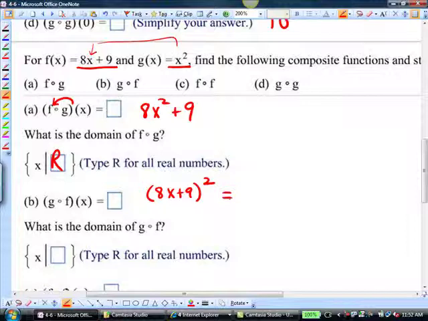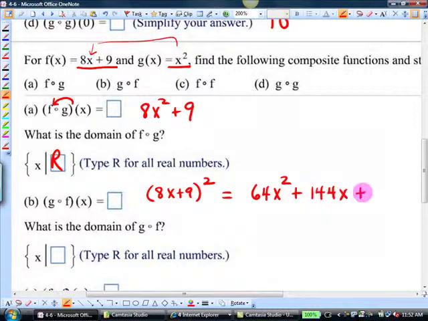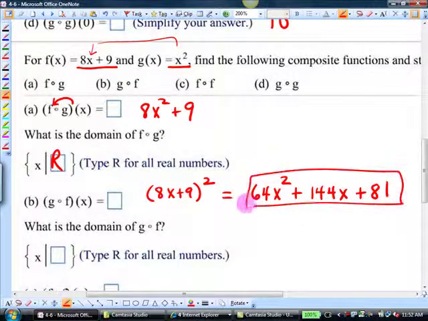That's FOIL. 64x squared plus 144x plus 81. So that's what they're going to want on MATLAB. Again, what we end up with is just another polynomial. What's the domain of a polynomial? All reals. So this is going to be an R.